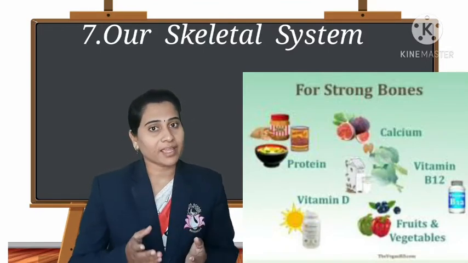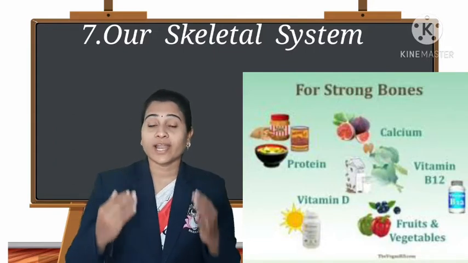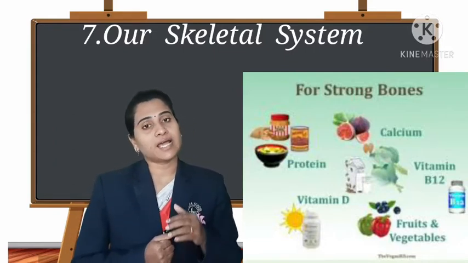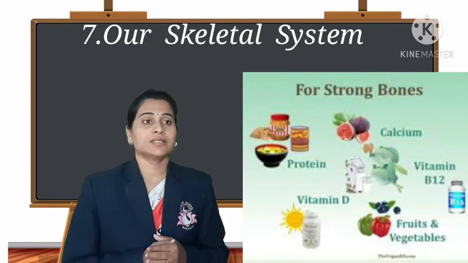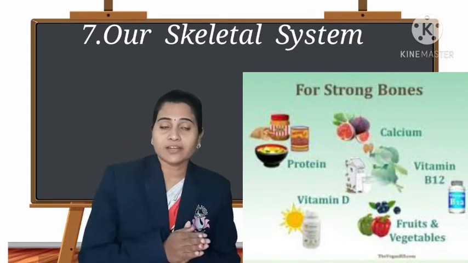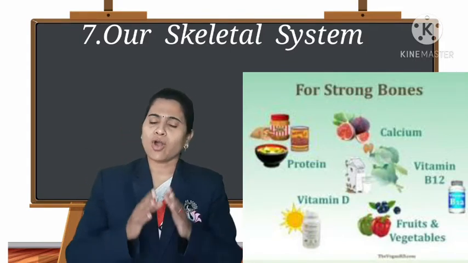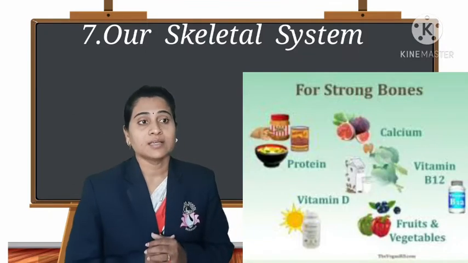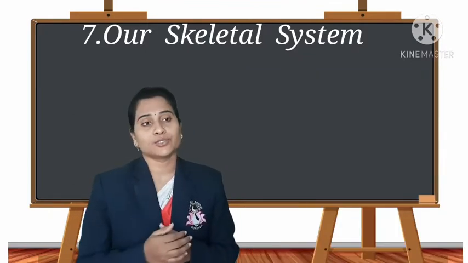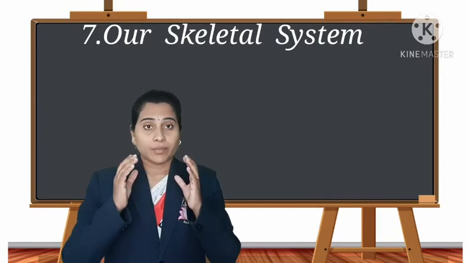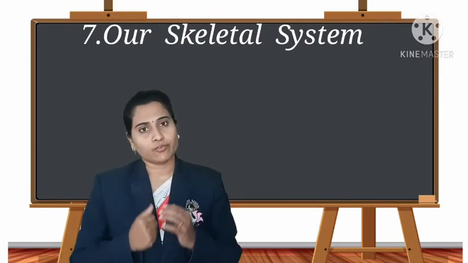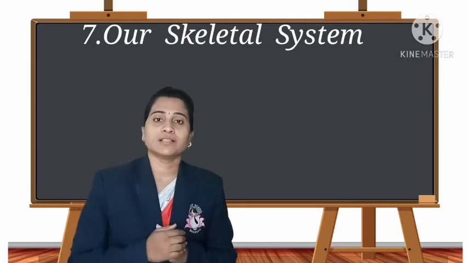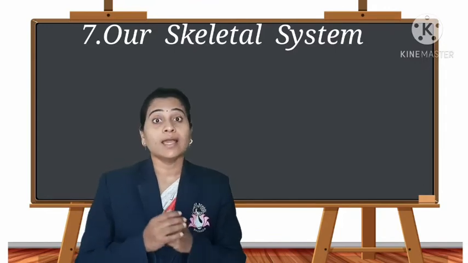In the market you may get different varieties of green vegetables as well as other vegetables. With these other food items, you should eat all kinds of vegetables, and fruits also, to keep your full body healthy. If your full body is healthy, your muscles and bones will also be healthy.